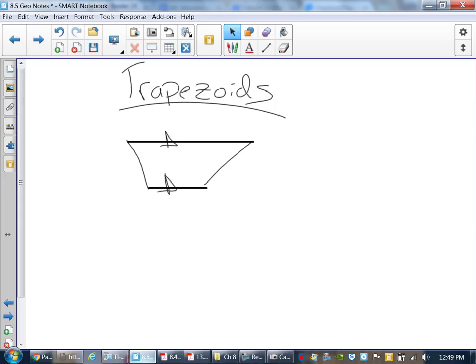A trapezoid has one set of opposite sides parallel. You can draw it a bunch of different ways.